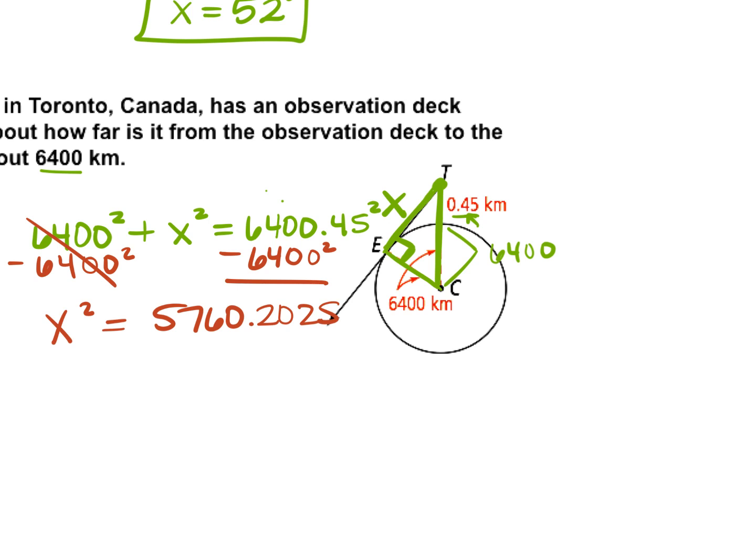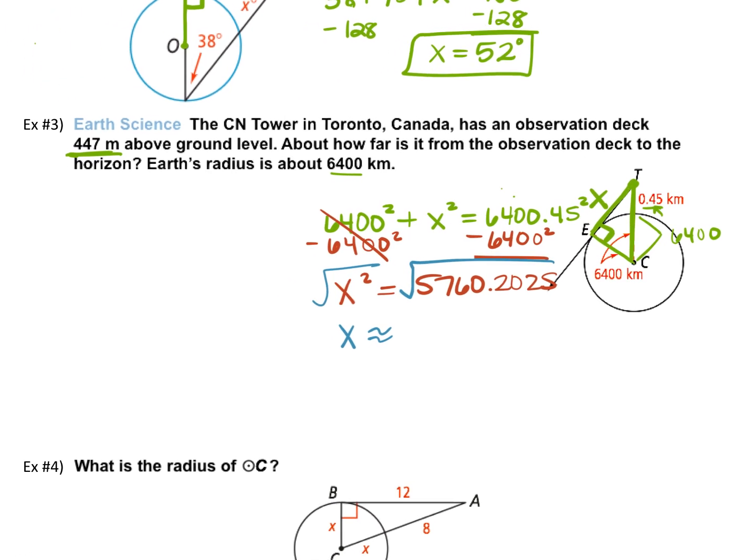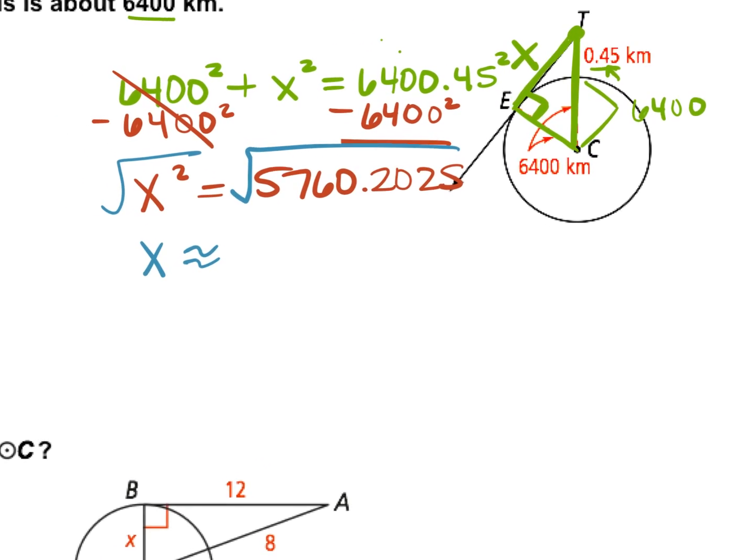What do you do? You square root it. So x is going to be approximately, did they ask us where to round? They did not. We'll do nearest 10th. We'll see. Maybe this works out to a nicer number than I think. 5760.2025.